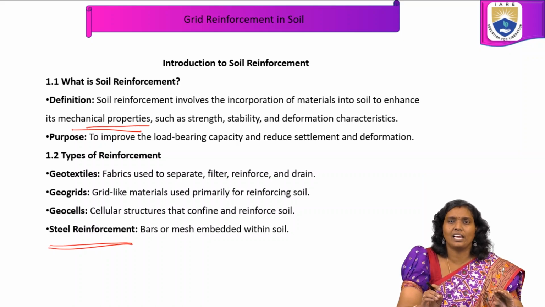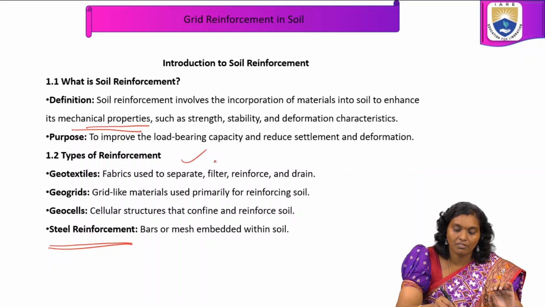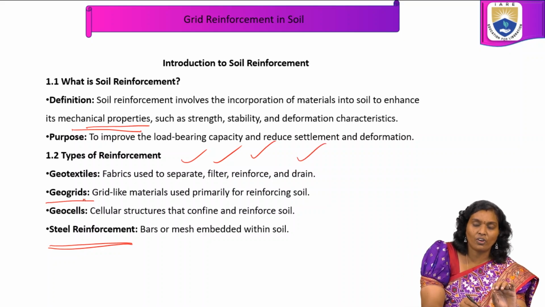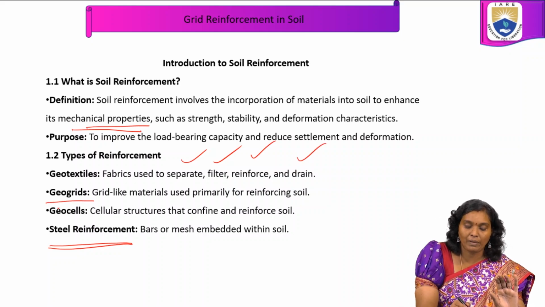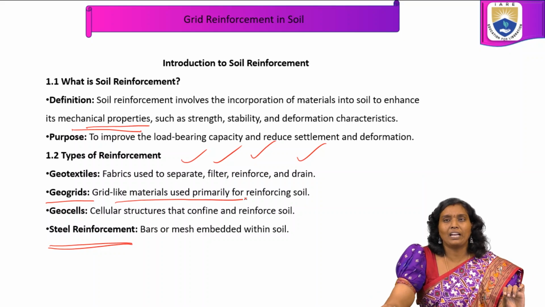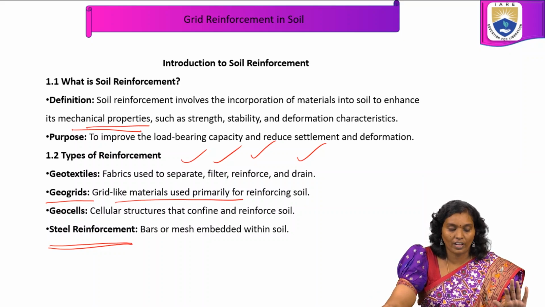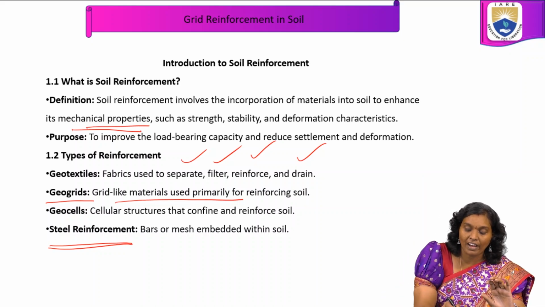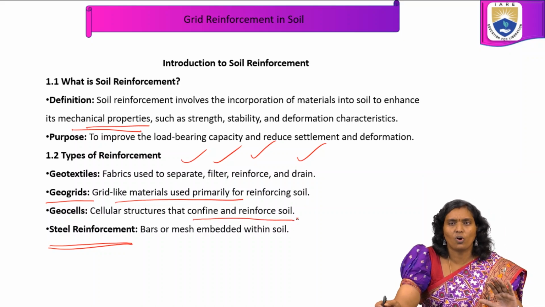Geotextiles are fabrics used to separate, filter, reinforce and drain. Geogrids are grid-like materials used primarily for reinforcing soil. Geocells are cellular structures that confine and reinforce the soil.